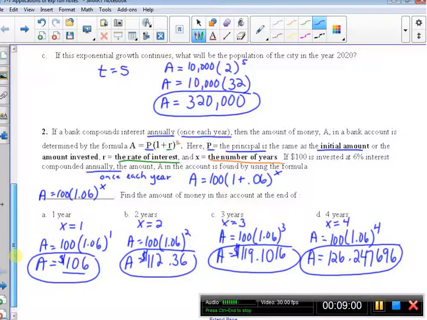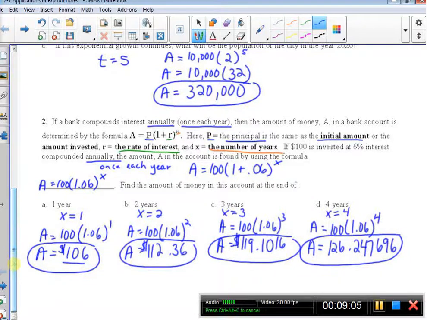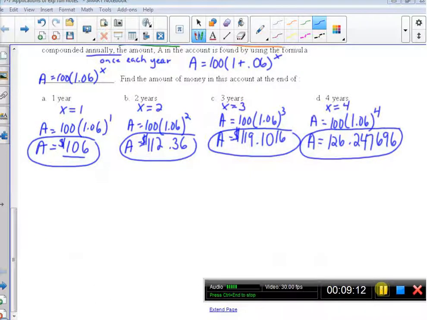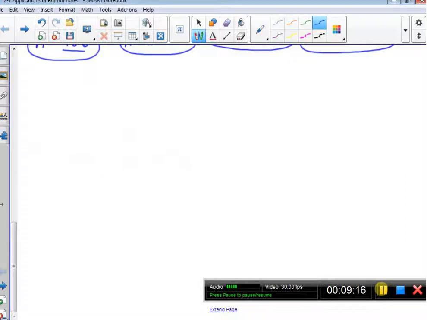Let me just show you where this formula comes from.